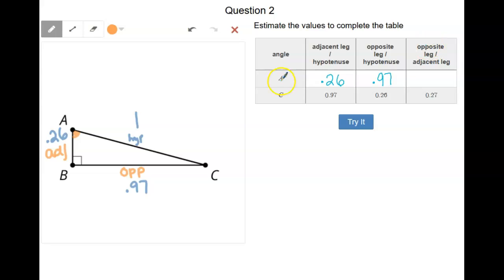So now we're going to take the opposite of A divided by the adjacent of A. Here's the opposite, here's the adjacent. So we're going to take 0.97 divided by 0.26, and you should get 3.73 approximately.